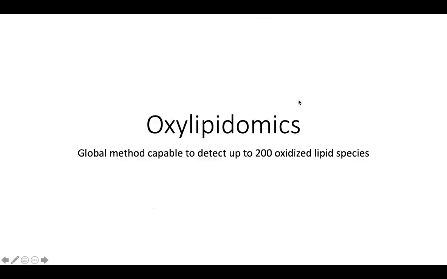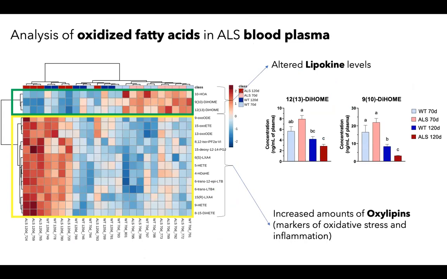So we did an oxylipidomic analysis, a method that can detect up to 200 oxidized lipid species. And to our good surprise, we indeed found a difference in oxidized fatty acids in ALS blood plasma. We could find two main groups of oxidized fatty acids.